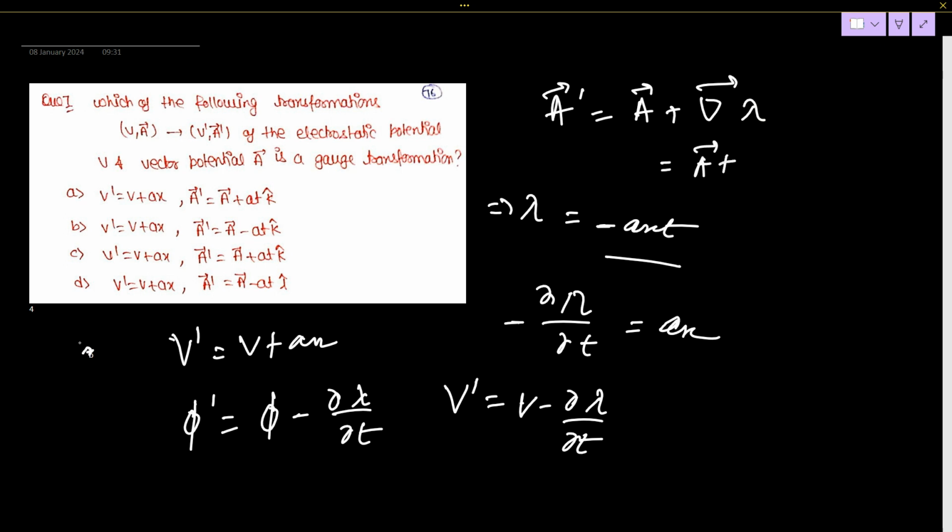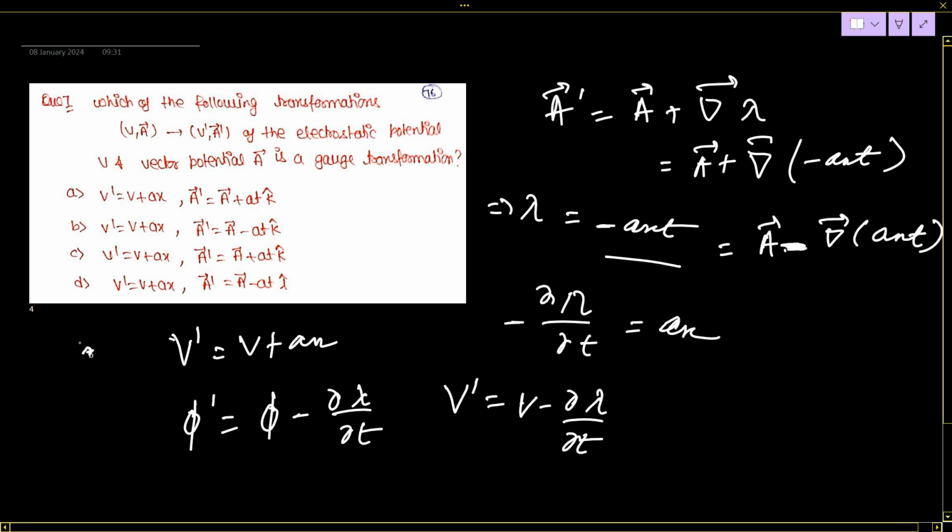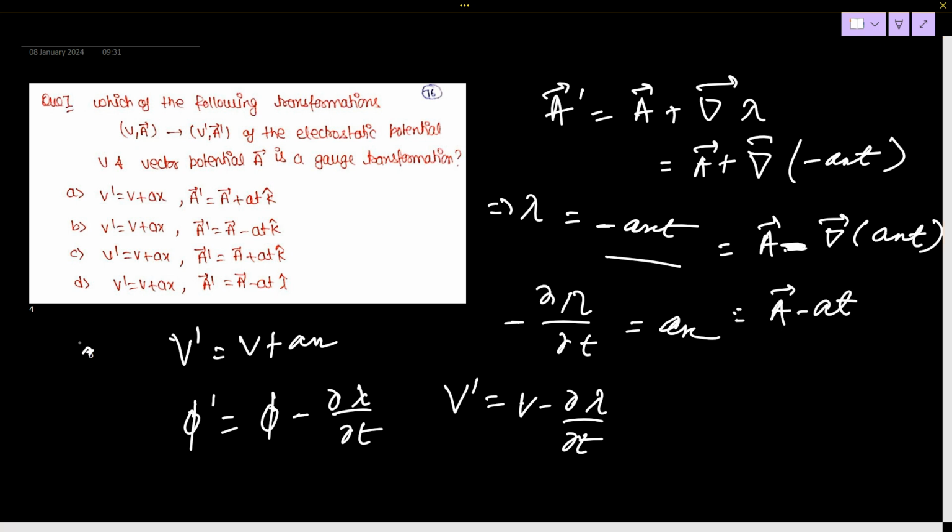So A plus del of minus AXt. See, del of AX is what? At will come out as constant because t doesn't have anything to do with gradient, is it?